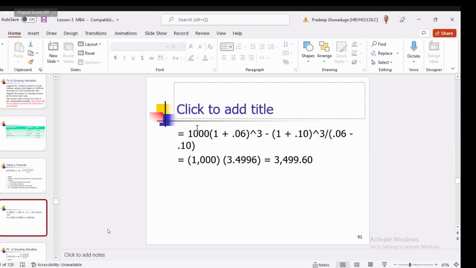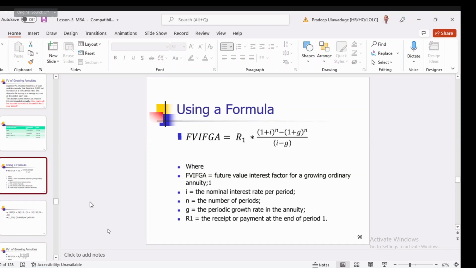So 1,000 is the principal amount, 6% is the interest rate, G is 10%, n is 3.